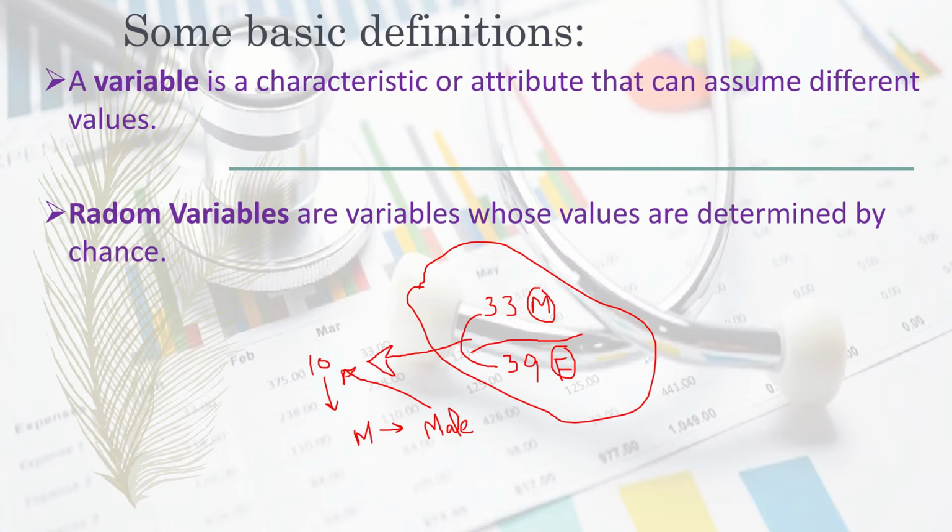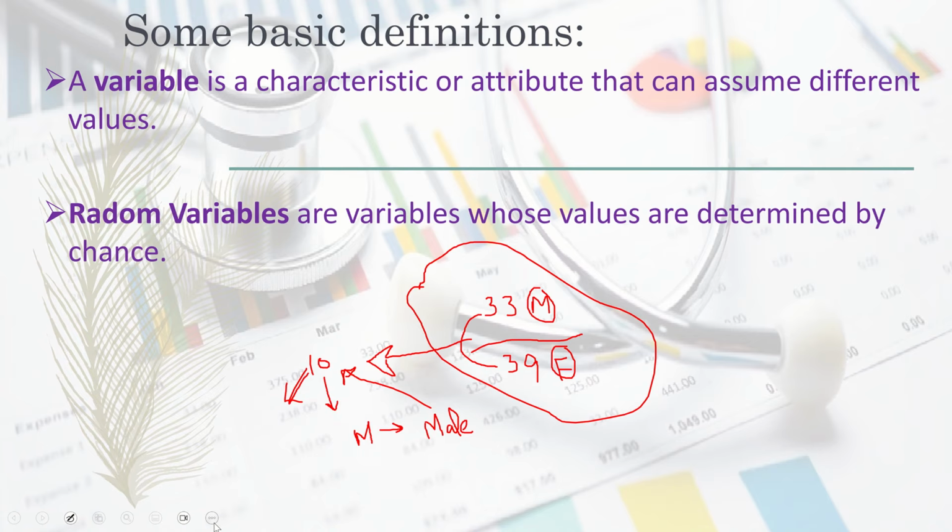So if m is representing the number of male students in this selection, m can have the value 0, because you might have selected all female students, or we might have selected one male student and 9 female students. So you see that in this case the values of m are determined by the selection, how many students we have selected. So when you do a selection and m is representing that specific number of certain attributes, we call that variable a random variable.